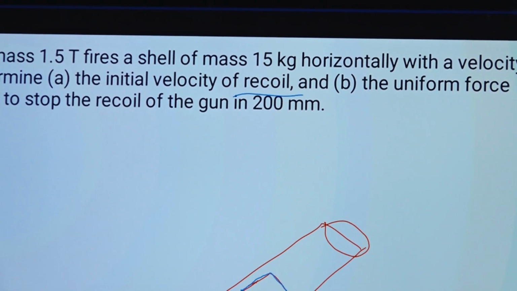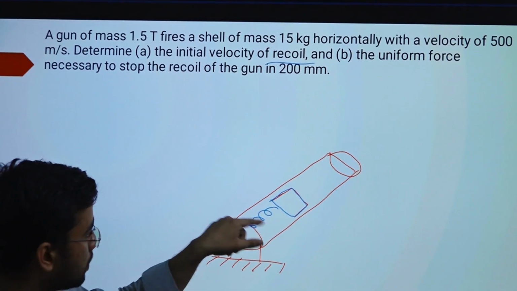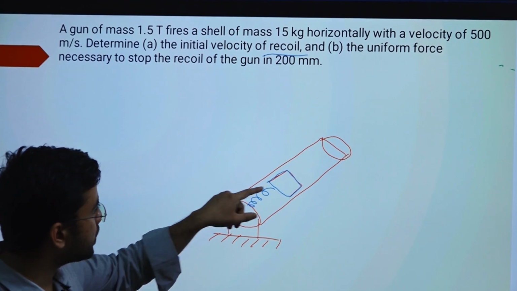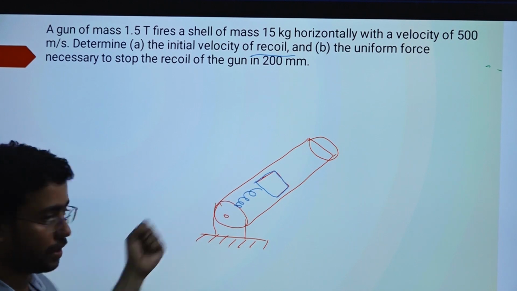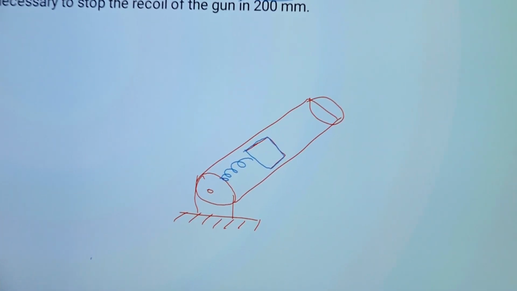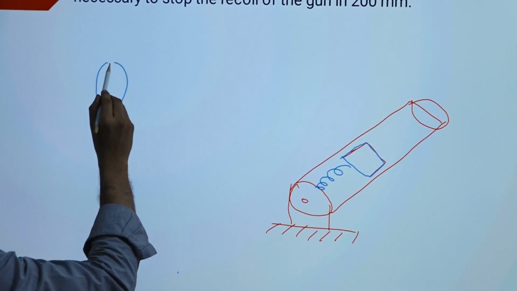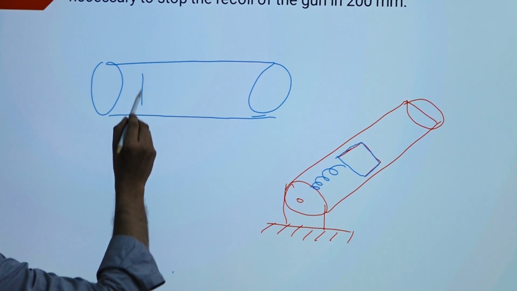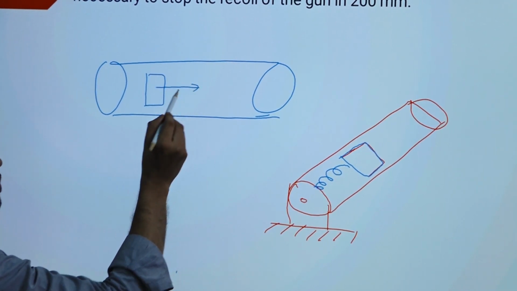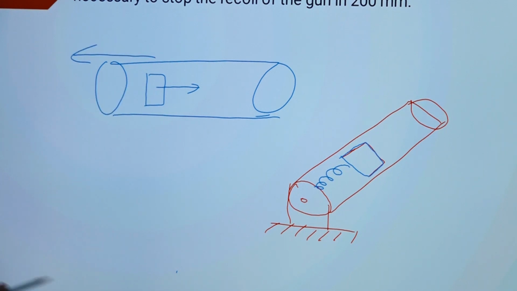Okay, so what will happen when they project this shell? After that this whole body will recoil, right? So I will tell you with a simple example. Suppose it is a gun we have, and this is a shell. If the shell is moving in forward direction, this whole gun will move in backward direction to conserve the momentum, right?